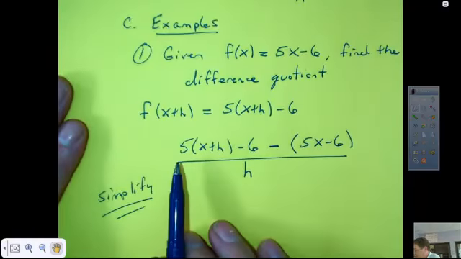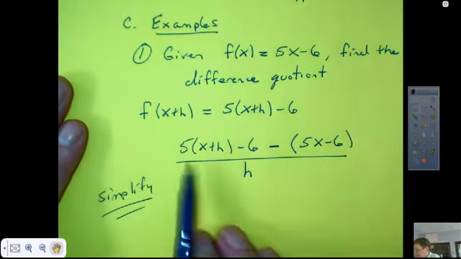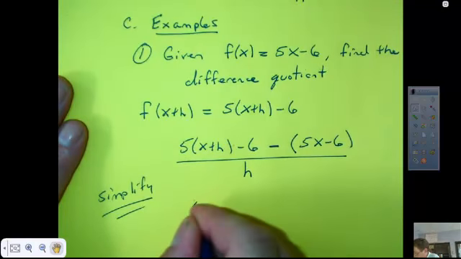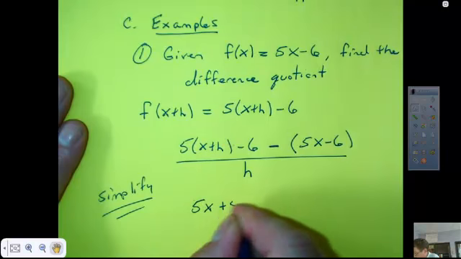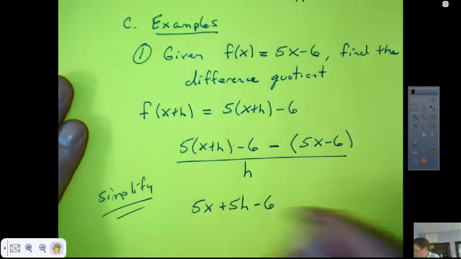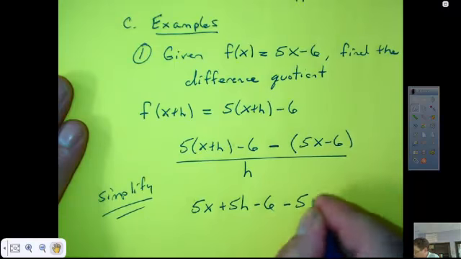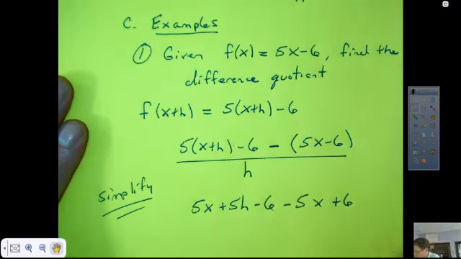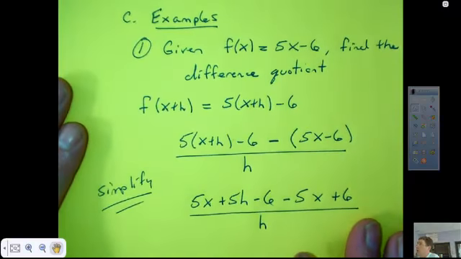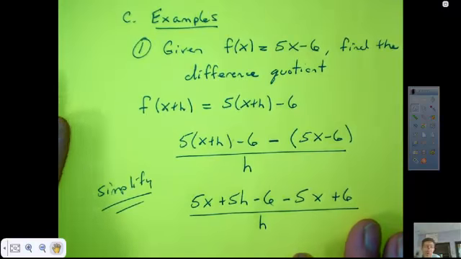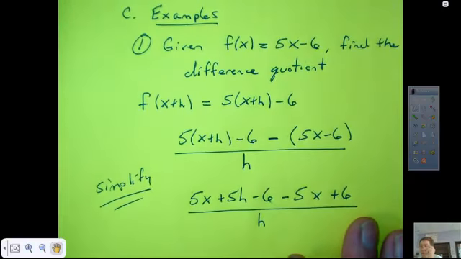So let's see, I can distribute in this first step, taking the 5 through: 5x plus 5h minus 6, and distribute here, minus 5x plus 6, all divided by h. And then things should cancel. It's almost always the case that lots of things will cancel out.